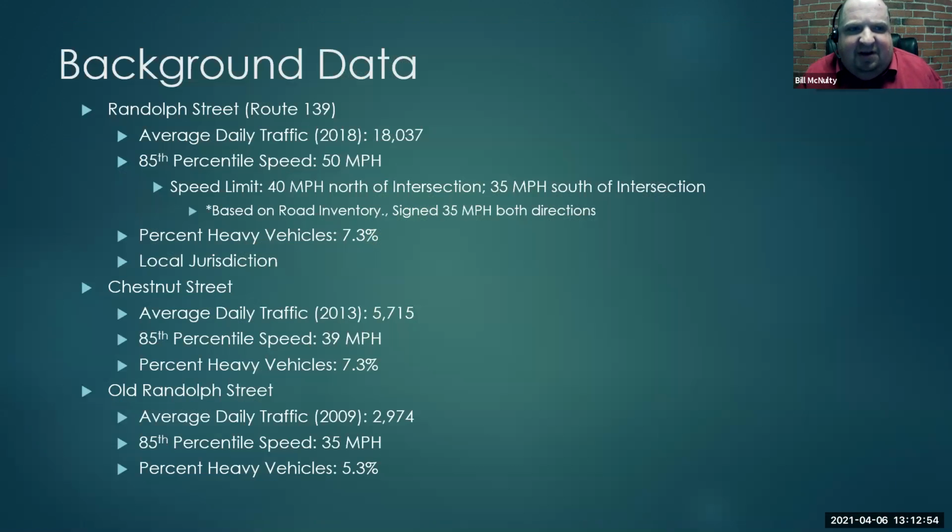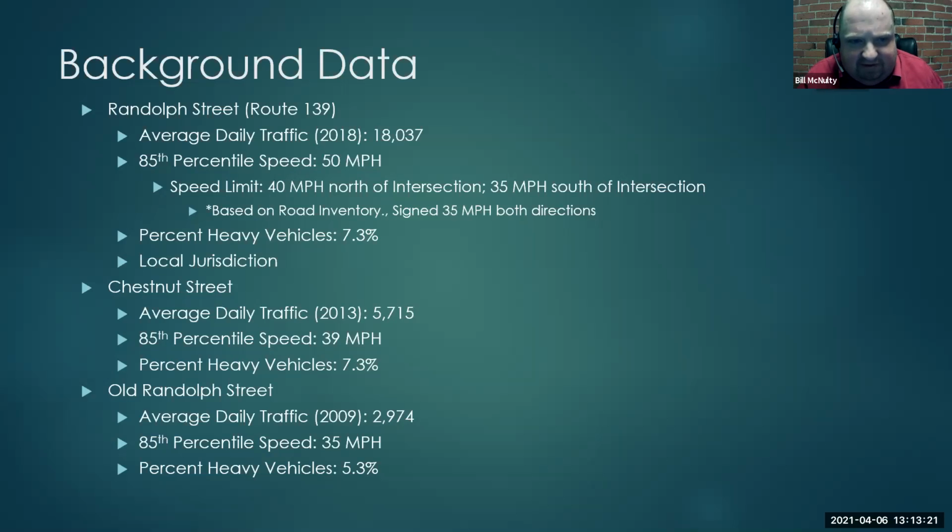So some background data. Route 139 in this area in 2018 had an average daily traffic of just over 18,000 vehicles per day. So it's up there. It's a busy roadway. The 85th percentile speed is 50 miles per hour, which is significantly over the posted speed limit. Posted speed limits in each direction are 35 miles per hour.